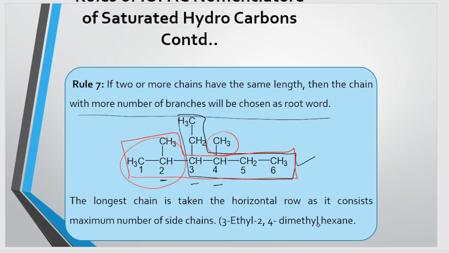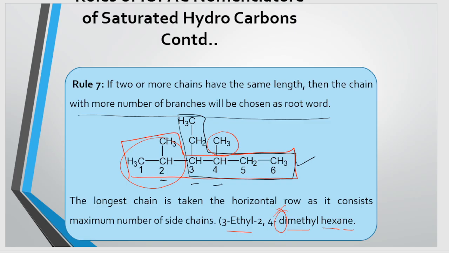And there are 6 carbon atoms, hence hex is the root word, an is for the single bond, and dimethyl is nothing but the prefixes. Which prefixes? The secondary prefixes. And don't forget to write in alphabetical order, as methyl comes after ethyl. Then we have to write 3-ethyl, 2,4-dimethyl. Whenever we write di, tri, tetra and so on, these are not considered in deciding the alphabetical order.